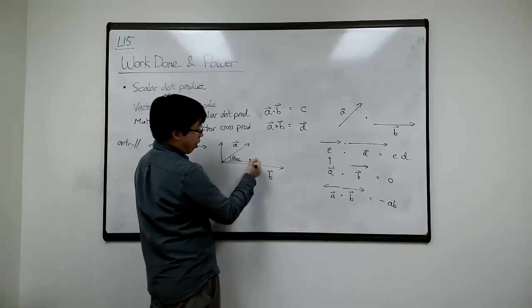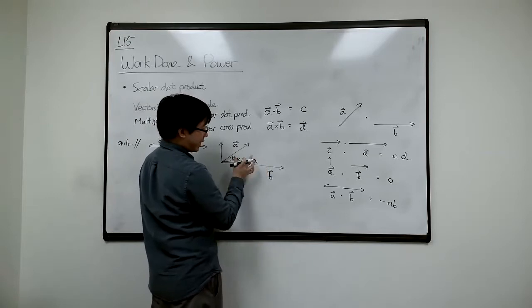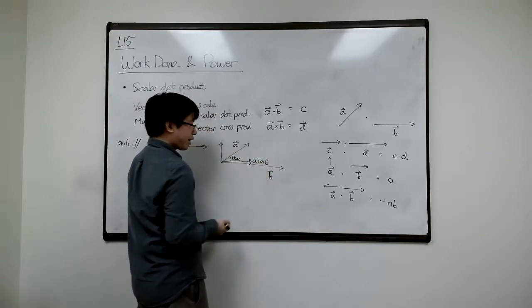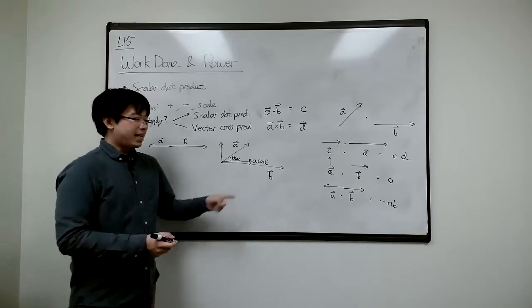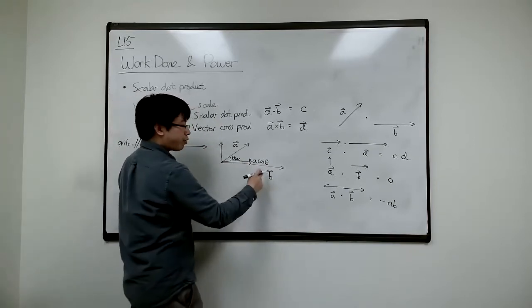So this part is the magnitude of A times cosine theta, and this part is sine. But this part doesn't really contribute to B. So what's the contribution of A to B?